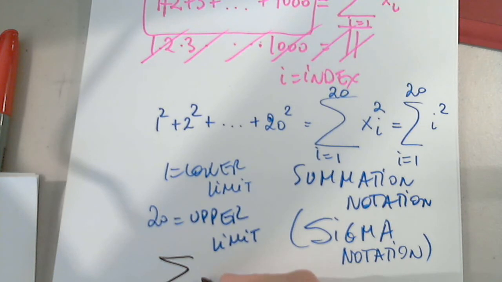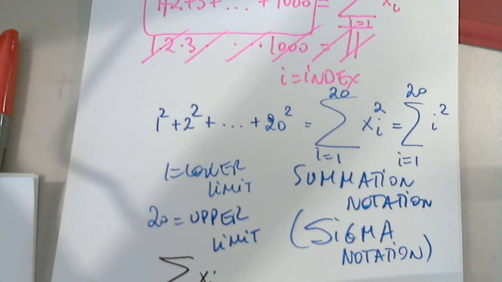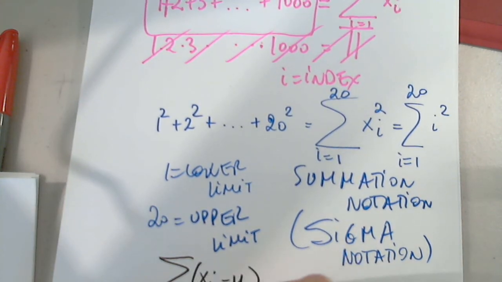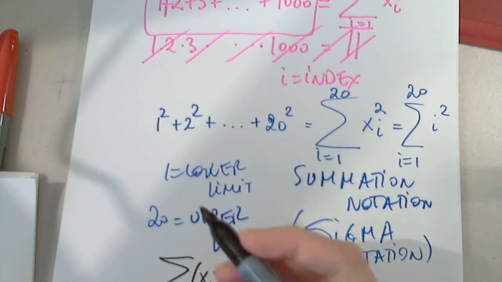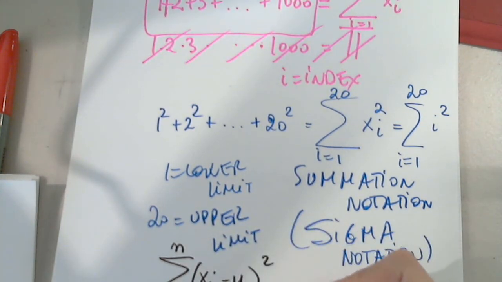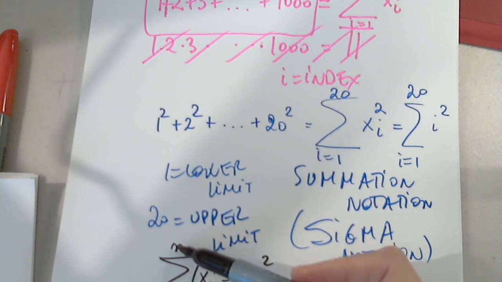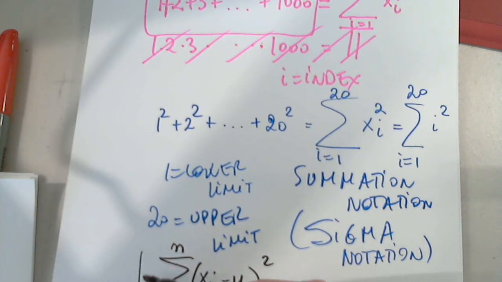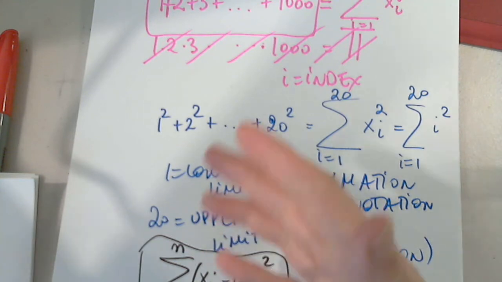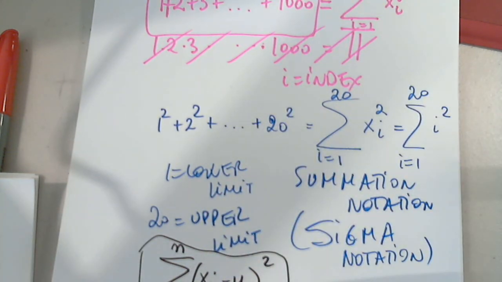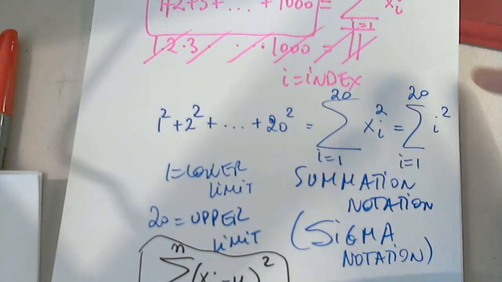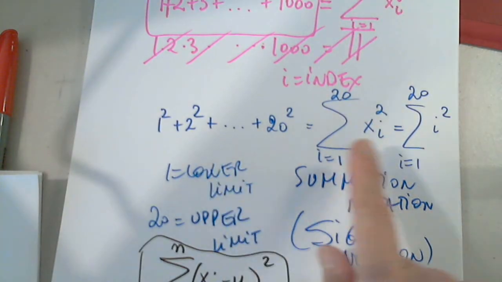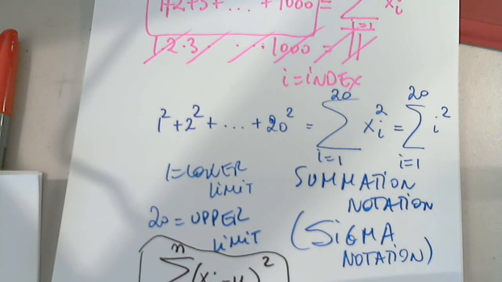If it's written without limits, it's not entirely correct. Or if they write from I equals 1 through n, there must be a lower limit, an index, and an upper limit. So I'm going to write it in the correct notation, and I want you to have an idea of what this means. These are the general situations, and this is the case for I squared. Okay, enough of that. So now we can talk about the mean, because that was the discussion.